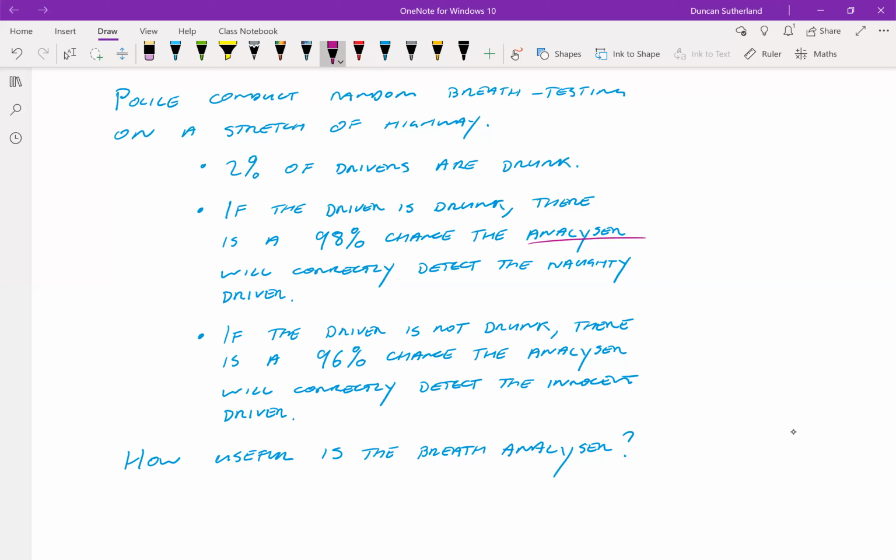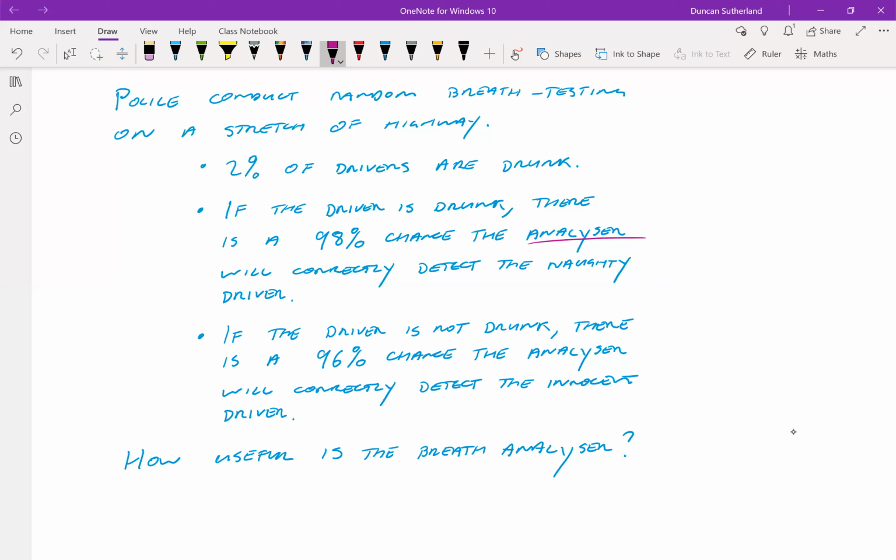If the driver is not over the limit, i.e. their blood alcohol content is low, there's a 96% chance that the analyzer will correctly detect that the driver is not drunk.